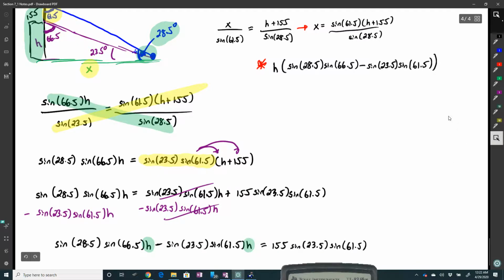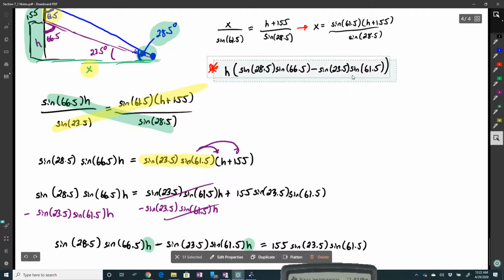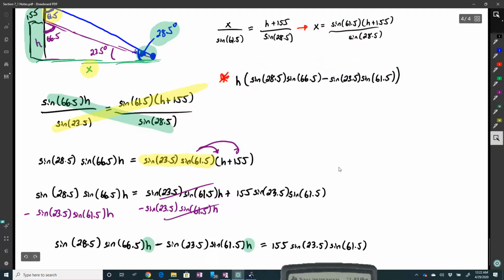Okay, equals that other side. Almost done. So equals 155 sine of 23.5 sine of 61.5. All right, so now the last step is to divide by all that junk.